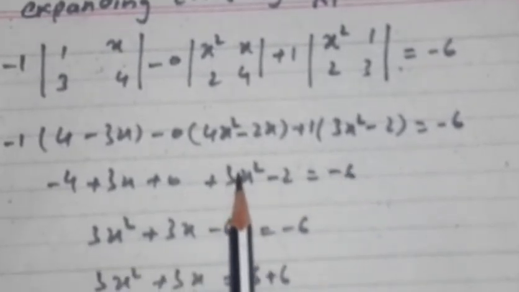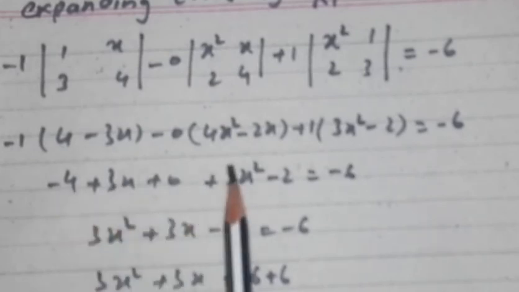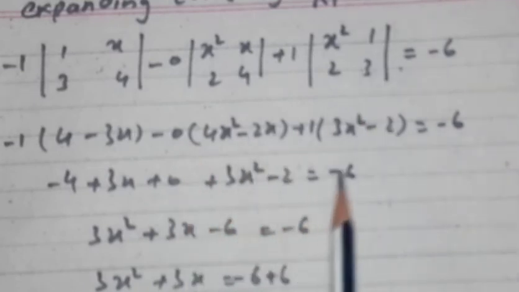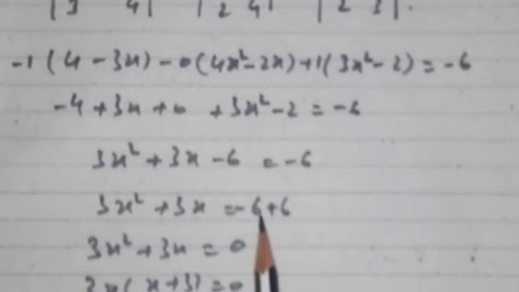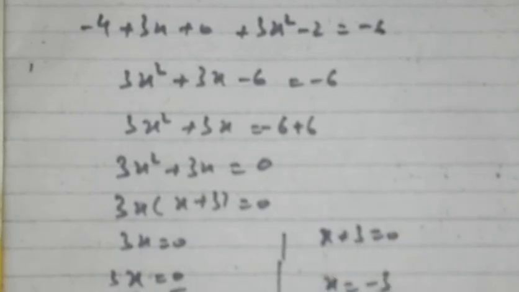Now rearrange and simplify. 3x square plus 3x minus 4 minus 2, we get minus 6, and 0 will be eliminated. Here minus 6, shift minus 6 to the right side, it becomes plus 6, minus 6 plus 6 is 0. Here take 3x common, here remains x plus 3, 3x equals to 0, or x plus 3 equals to 0, divide both sides by 3, x equals to 0. And here shift 3 to the right side, x equals to minus 3. 0 and minus 3 is the answer.